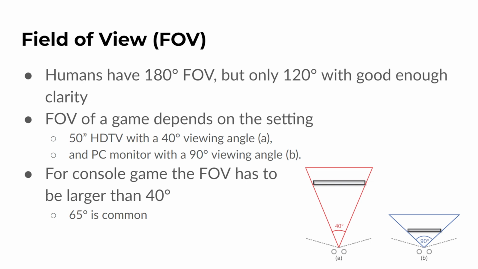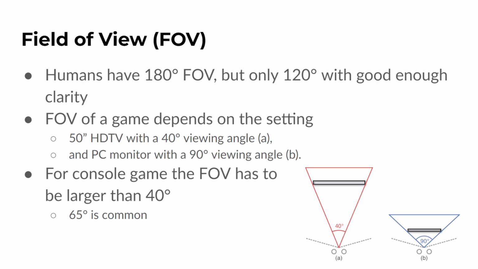And of course, that impacts the choice of field of view for games. So console games have to be larger than 40 degrees. Like 65 is common, because if your field of view angle is smaller than the viewing angle, then you feel constrained by looking at it because you only have a small portion of it. While if it's bigger, you have like a window into a virtual world.